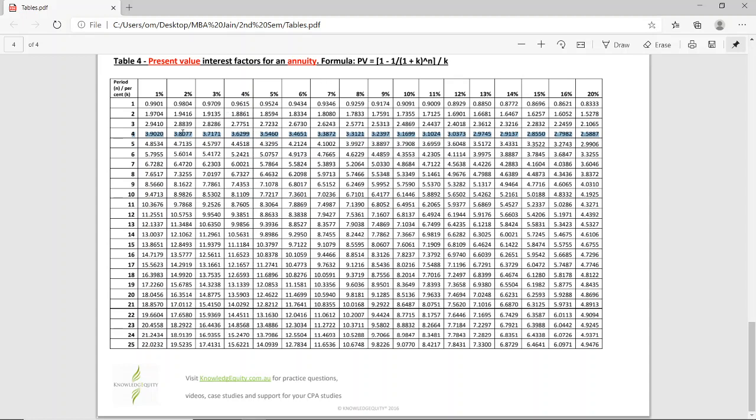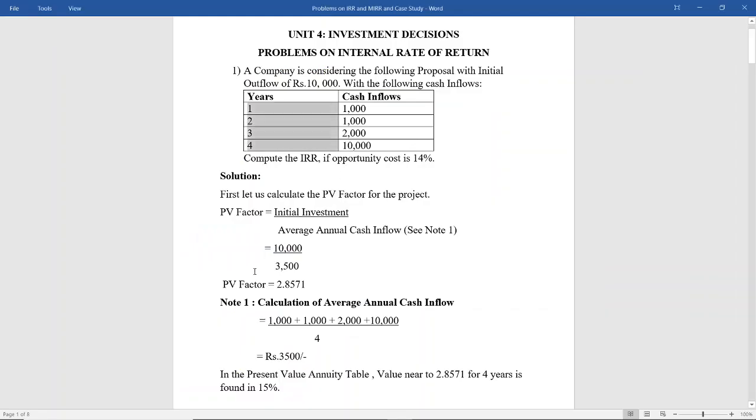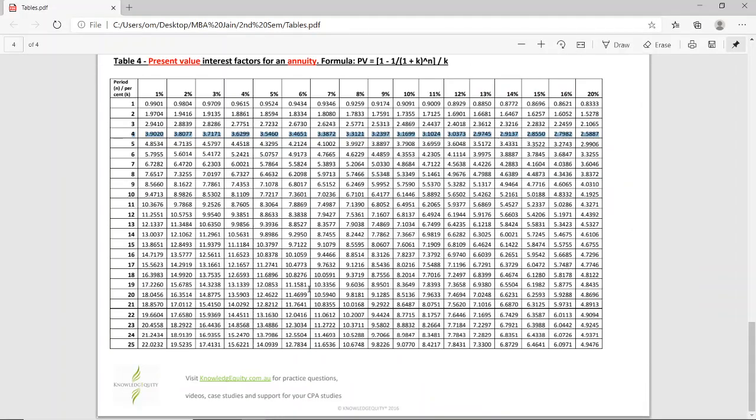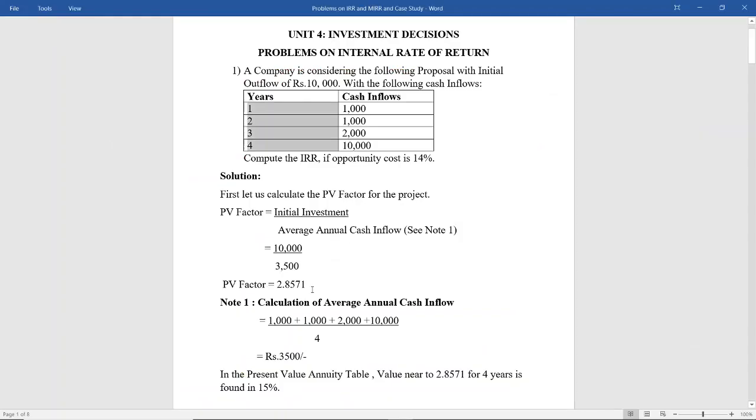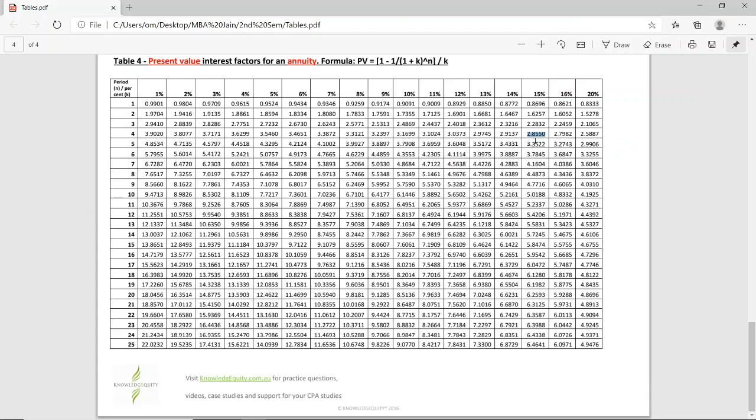Now in this 4 years row, can you find a PV factor that is exactly equal to 2.8571? No, there is no exact figure. But we know at 15%, it is nearing 2.8571. It is nearing 2.8550. Is this clear?